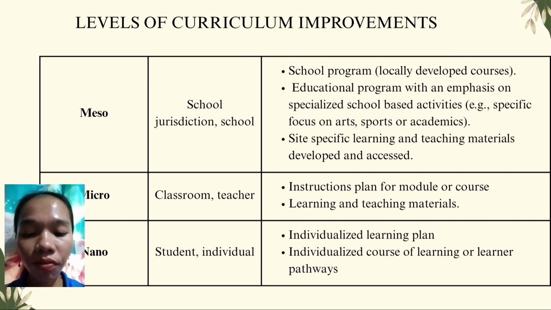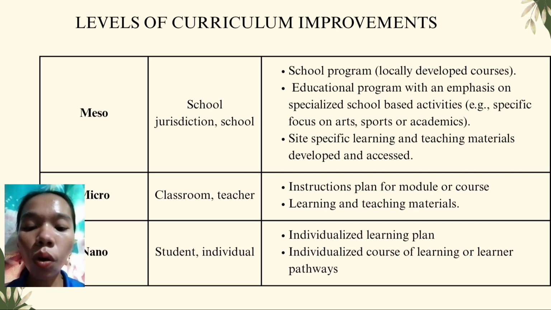These levels of curriculum improvement: Supra, Macro, Meso, Micro, Nano, refer to the different scales at which curriculum changes and decisions are made, from the broad international level down to the individual learner.